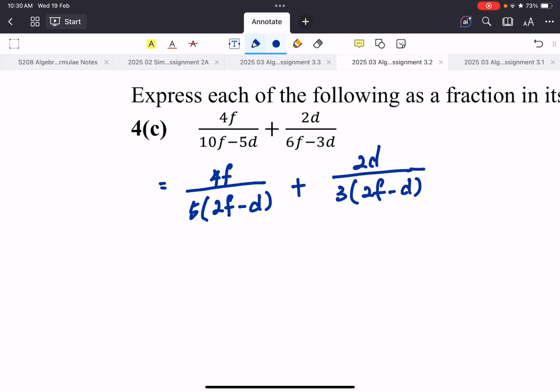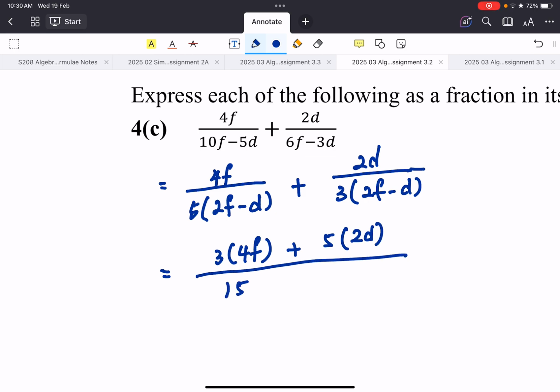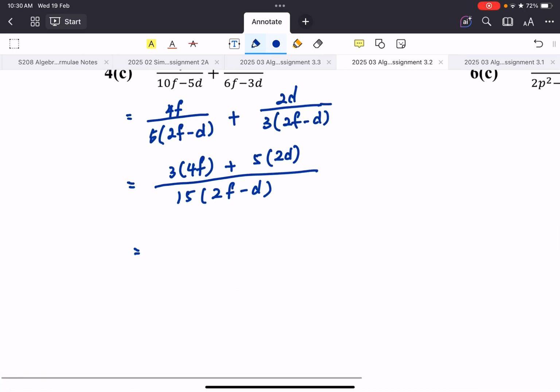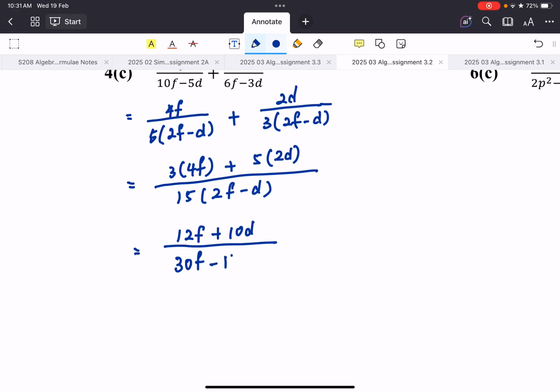So to make it common, all I need to do is multiply 3 to my 4f, plus multiply 5 to my 2d, and the denominator will be 15(2f minus d). From here we simplify, it will be 12f plus 10d over 30f minus 15d. There we go.